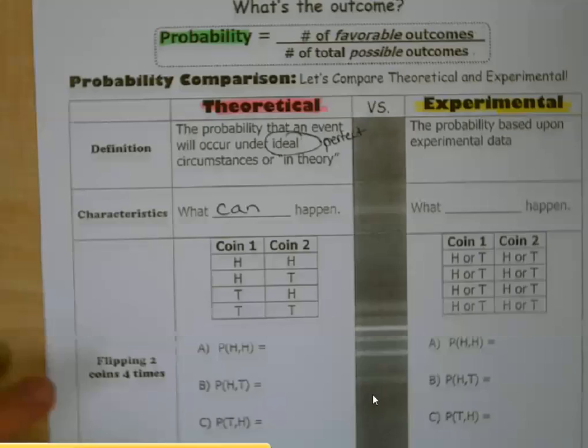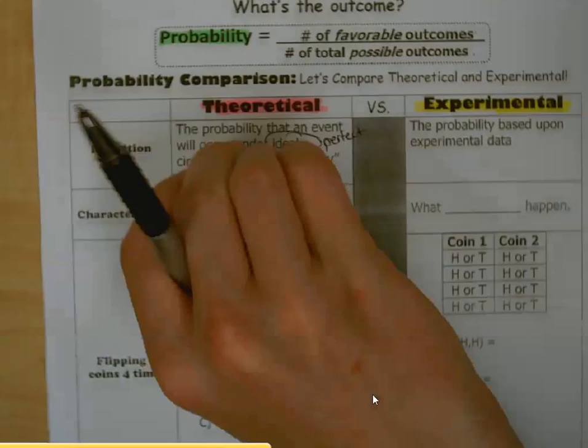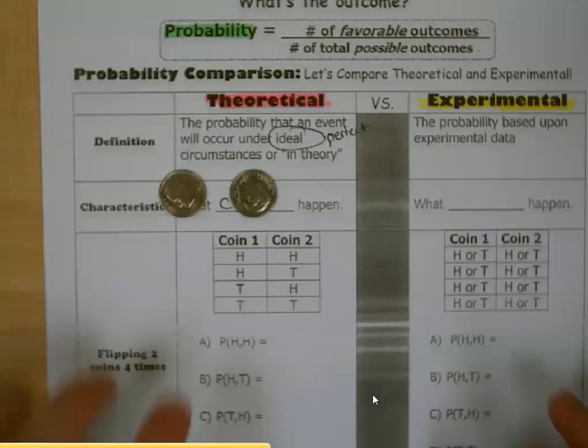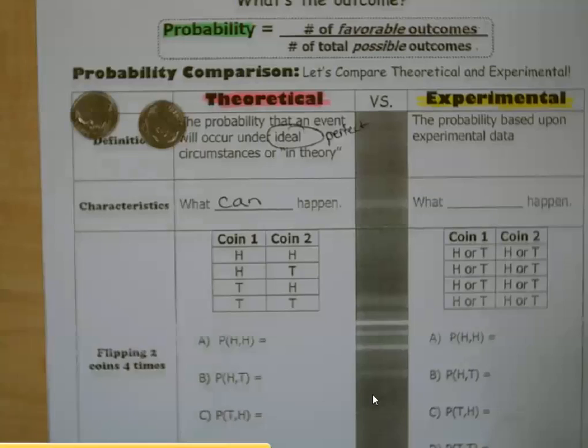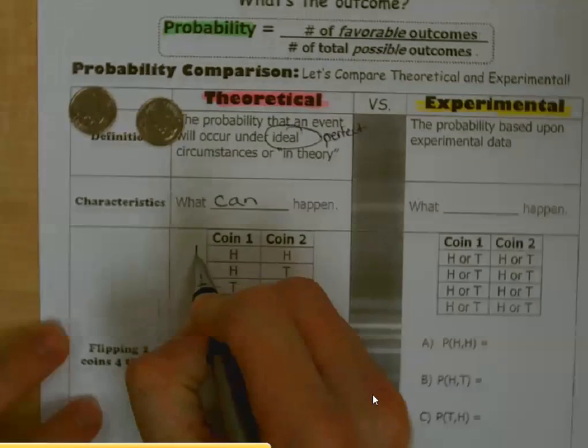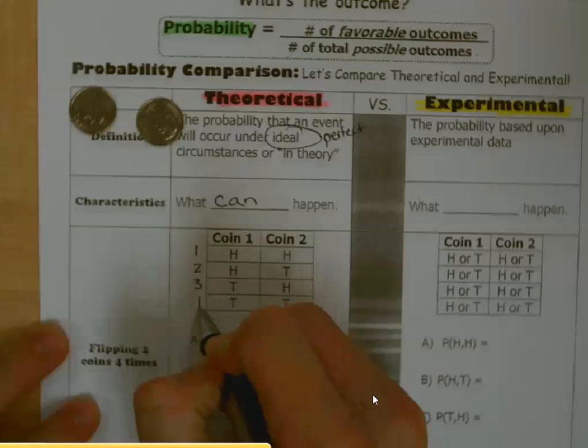What can happen? So, the first time we're going to look at this is with two coins, much like these two dimes that I have here. They both have heads, they both have tails. If we were to flip these two coins, what could happen? Well, there are four different things that could happen.